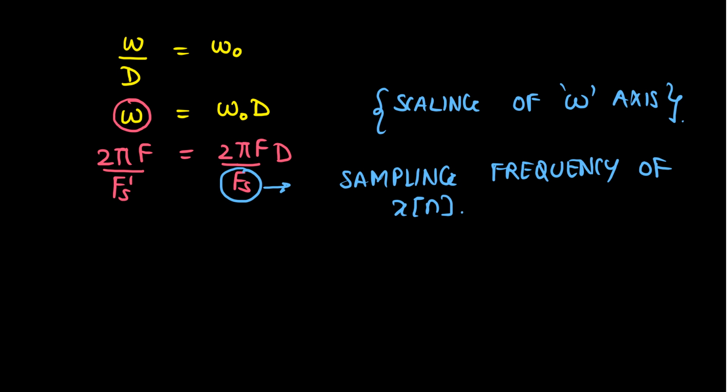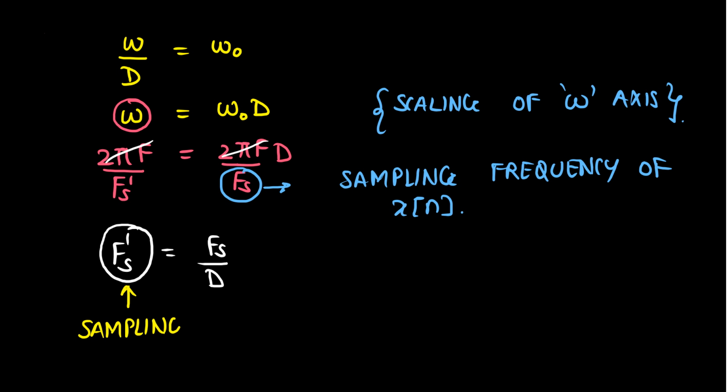Now if we just cancel out the common terms, that is 2 pi f on either side, and take the reciprocal, what we have is fs dash is equal to fs by d. So this fs dash is the sampling frequency of xd of n.